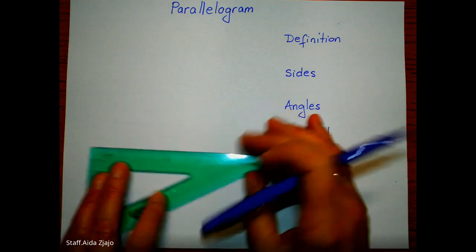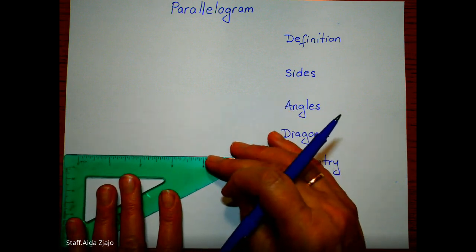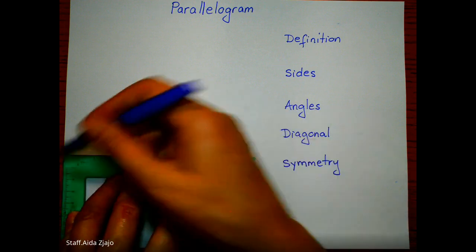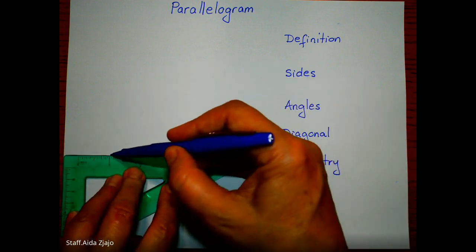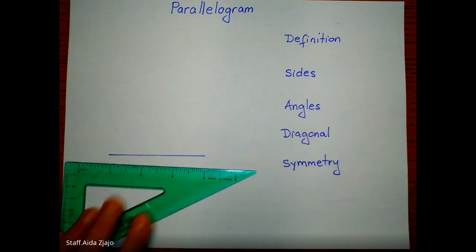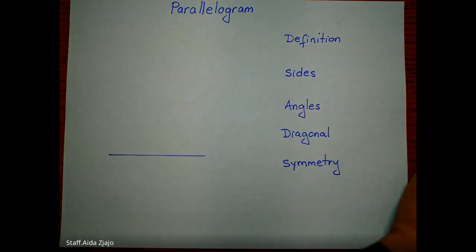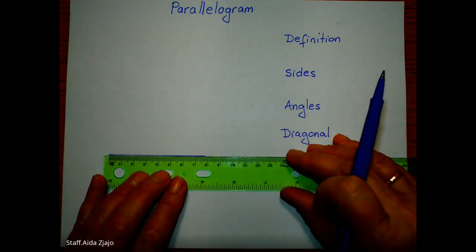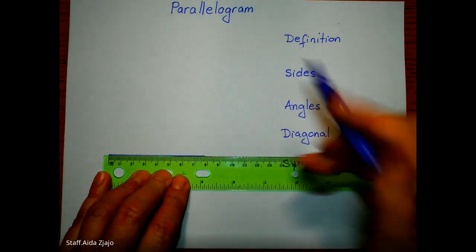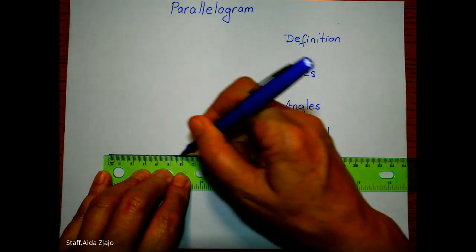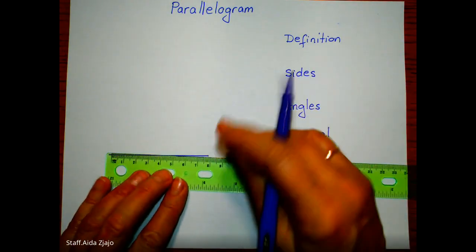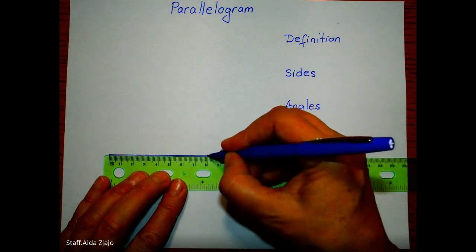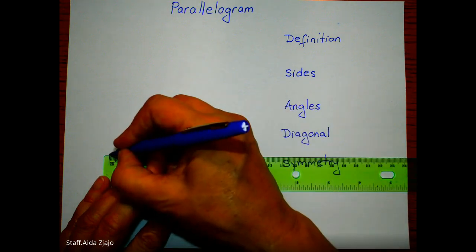So if I take a ruler and make a line parallel to the edge of my paper, I would like my parallelogram to have one line segment of 8 centimeters, and another one that would be parallel to this one.